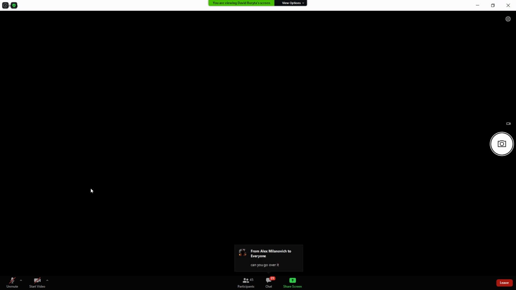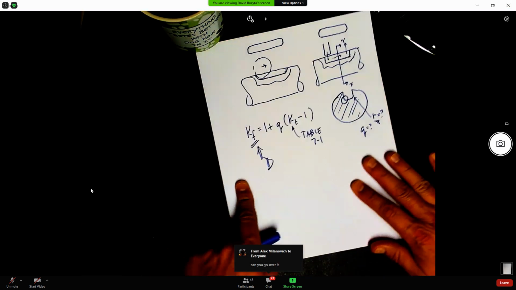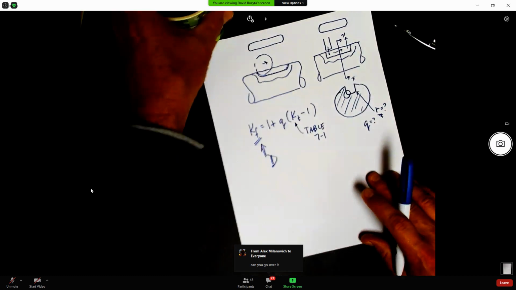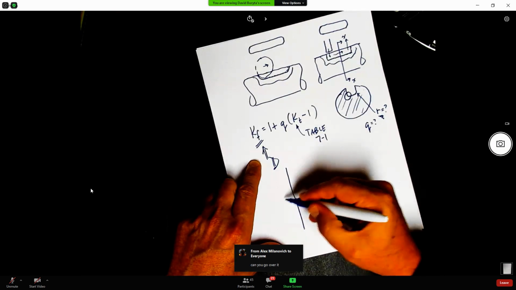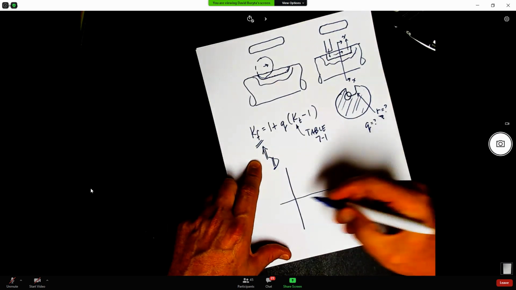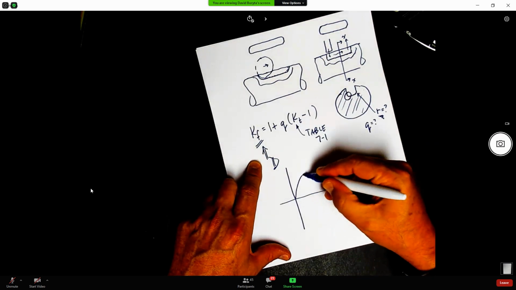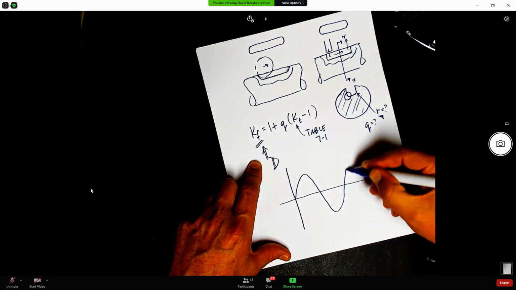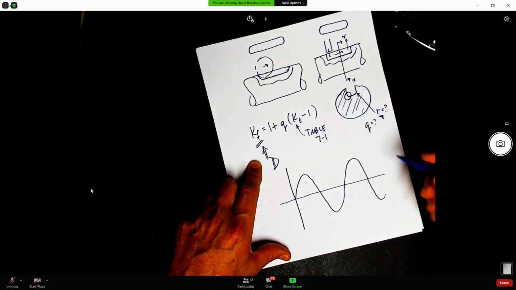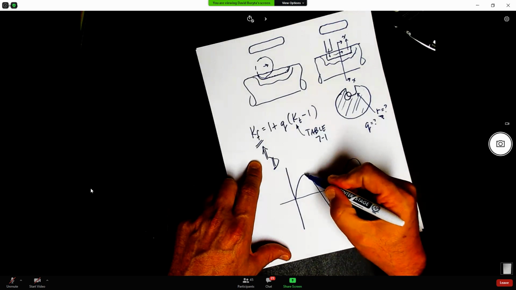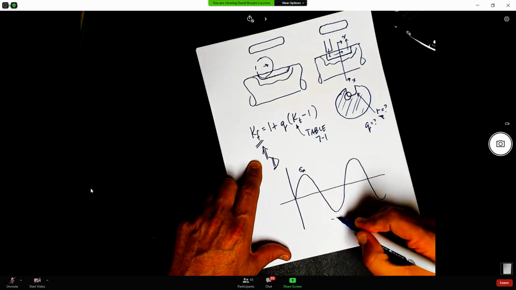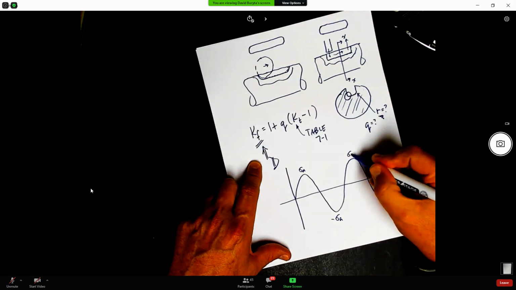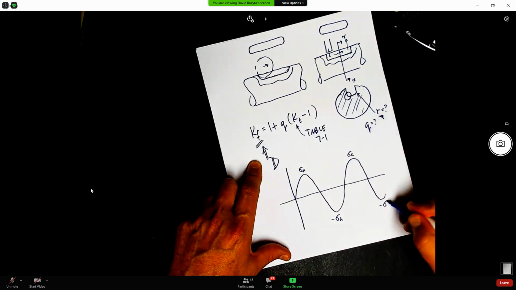Remember that we have a case of completely reversed bending, right? So what's happening to the shaft is this: completely reversed, okay? So this would be our sigma A, and this is minus sigma A, and this is your sigma M, all right?